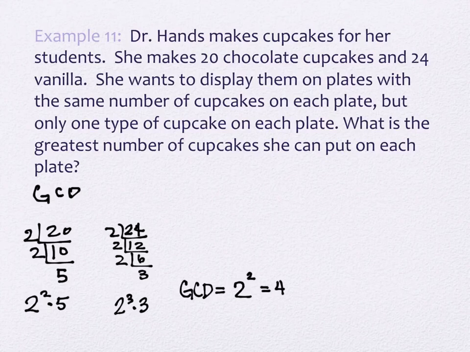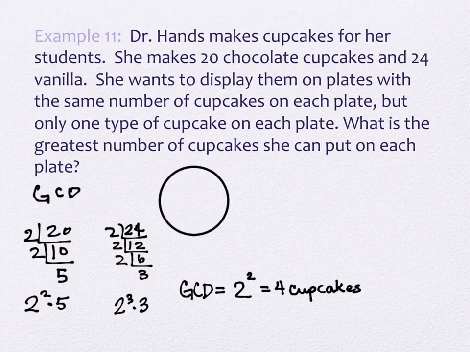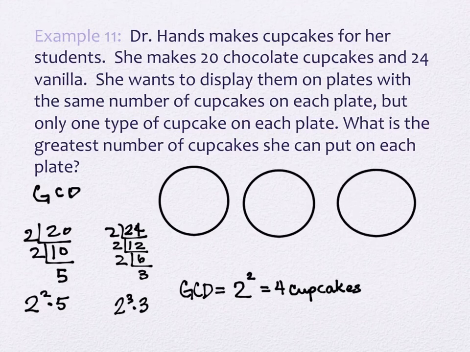4 what? 4 cupcakes. So if you visually think about what this is saying, it will make sense. We have plates of cupcakes, and what we're saying is we're going to put 4 on each plate. Can I put 4 chocolate cupcakes on each plate and have no chocolate cupcakes left over when I'm done?